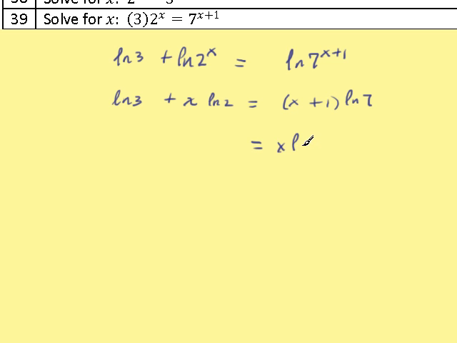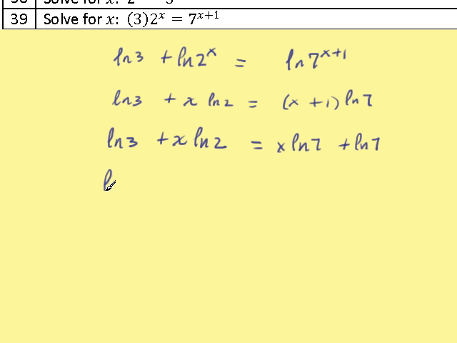Multiply through: x ln 7 plus ln 7. And here, let me just copy over ln 3 plus x ln 2. Now we want to organize it. Everything that contains an x on one side, everything without an x on the other side. So I'm going to subtract this from both sides.